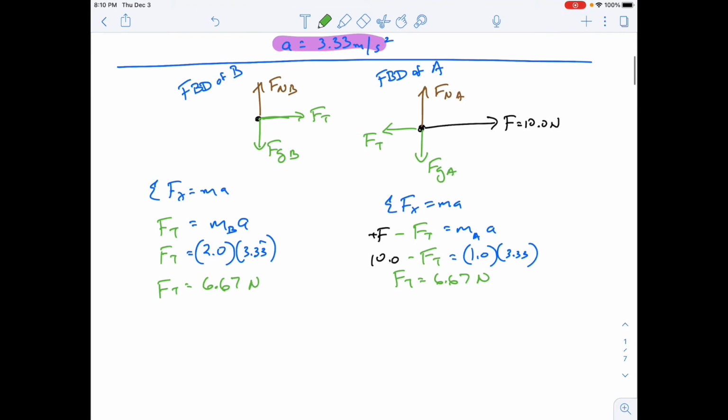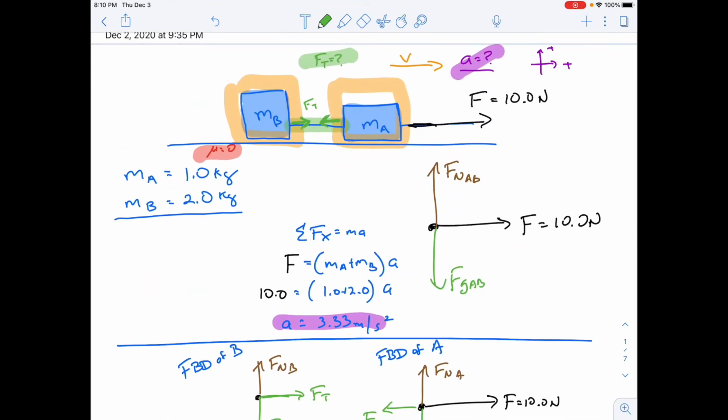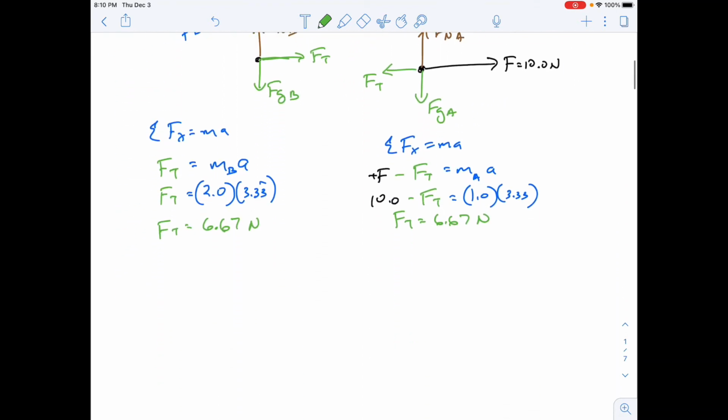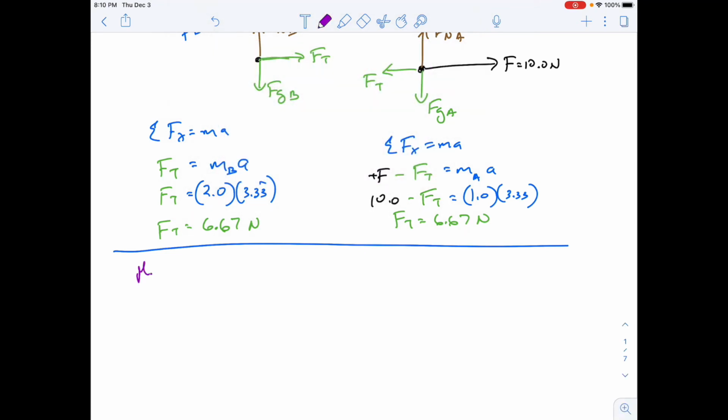So, that is solving it without any particular friction. Now, there is another way to solve this without actually doing the whole system first. If you keep it as just two objects, I'm going to call this method 2.